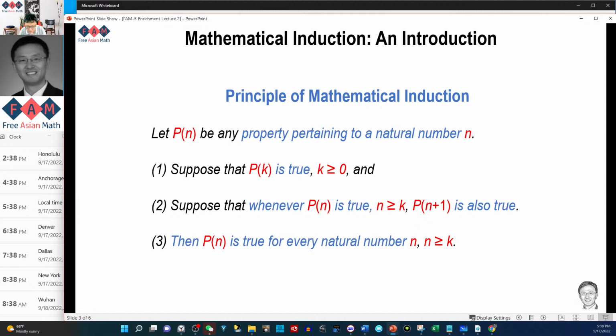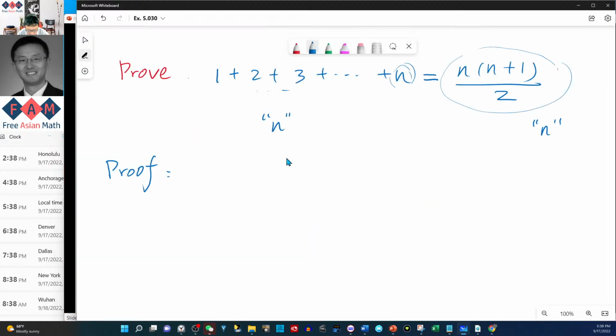In general, k can start at 0, the very first natural number in our definition. But in this formula, n needs to be at least 1. That's the very first one, right? Because we don't want to go back to 0. There's no 0 here.